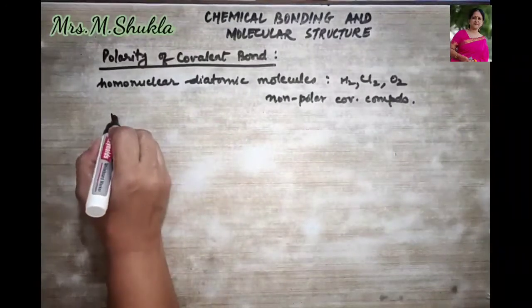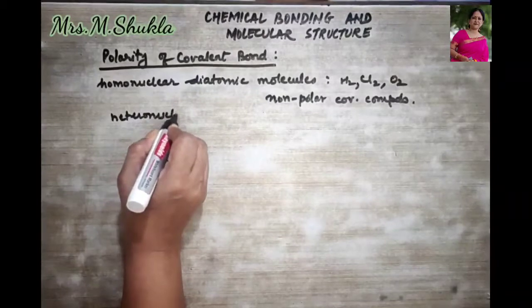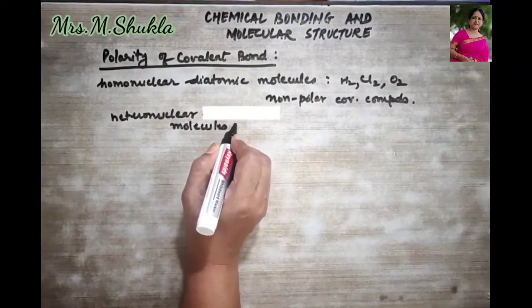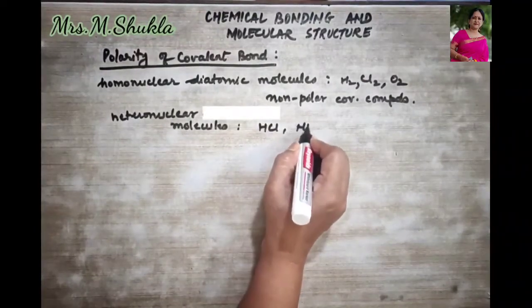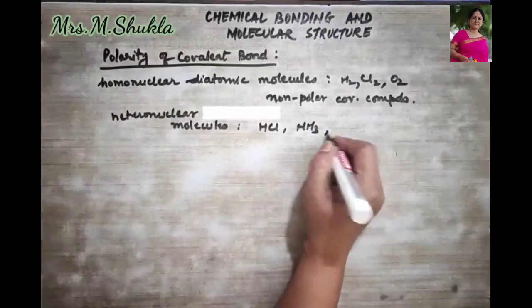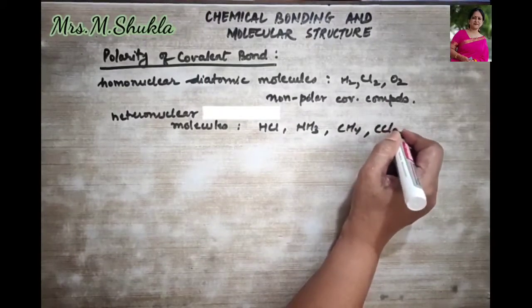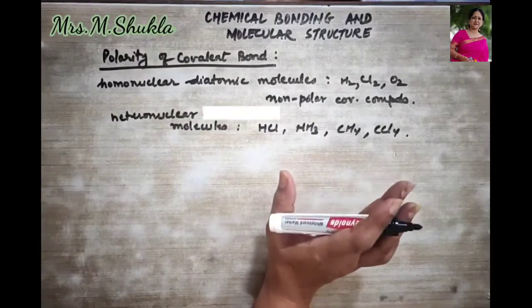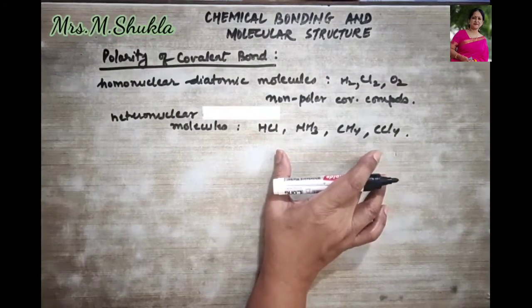But if we talk about heteronuclear molecules, what are we talking about? We are talking about HCl, NH3 and so on, or even CH4 or CCl4. Here the electronegativity difference is an important point.